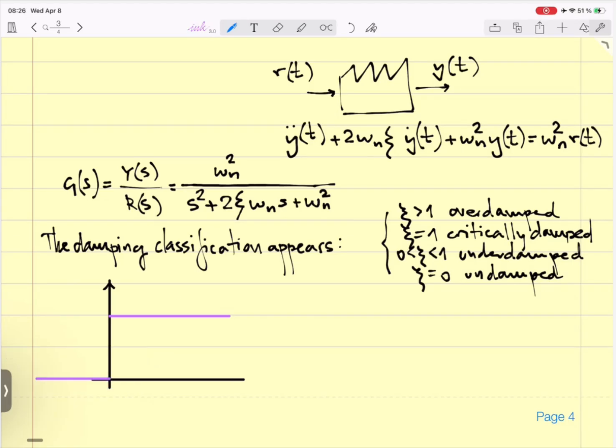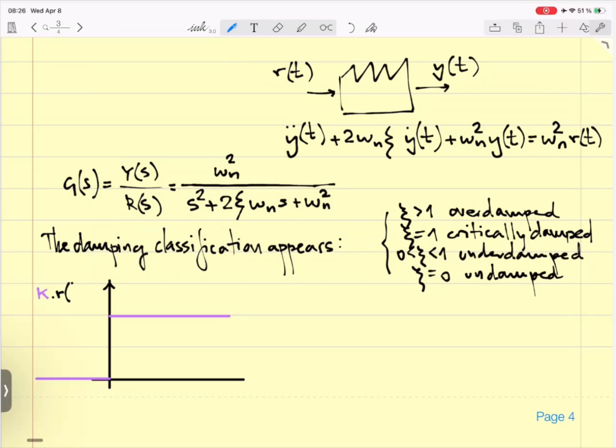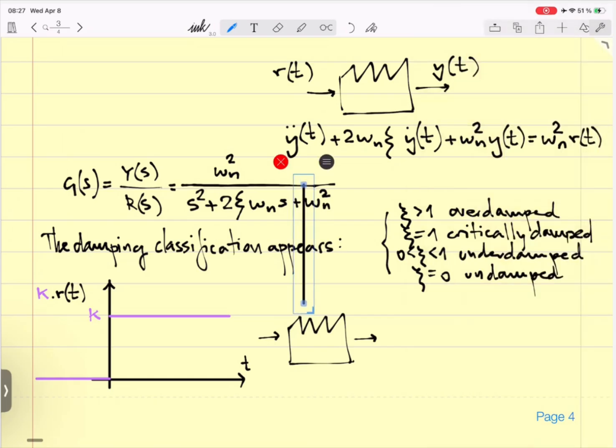So here we have k times r of t. This is t. Okay, and this would be k if the system behaves in this second order manner. How is the behavior of the output?